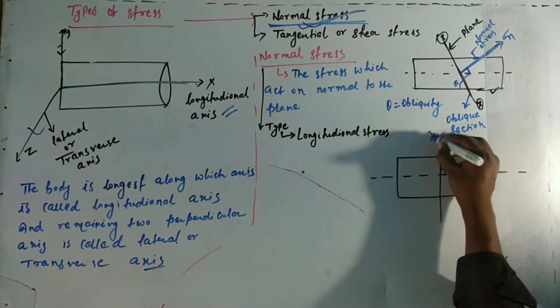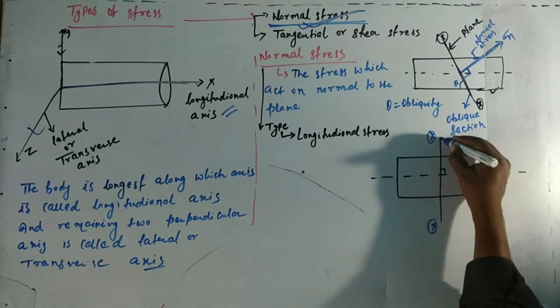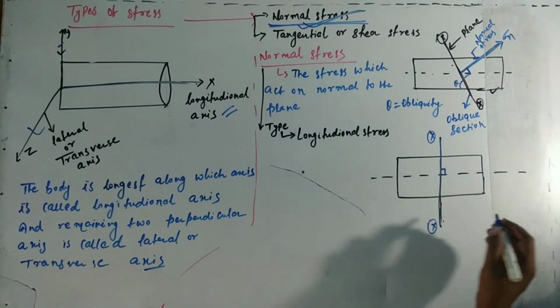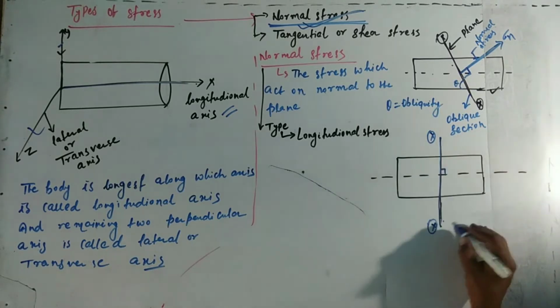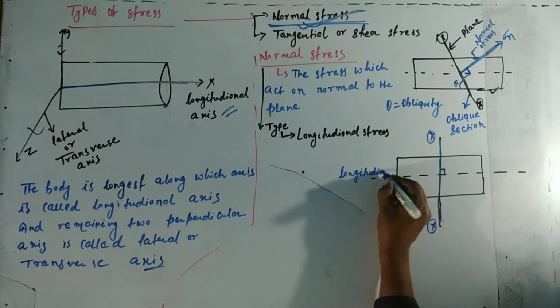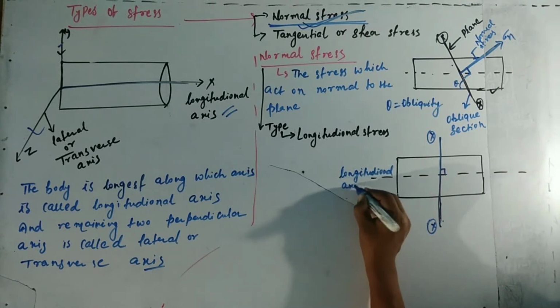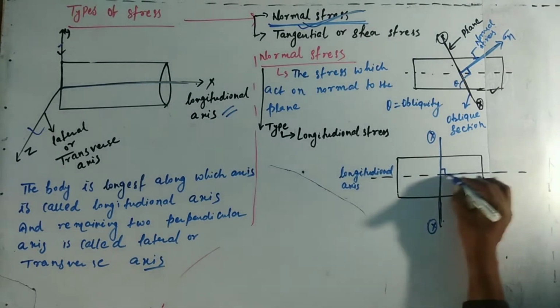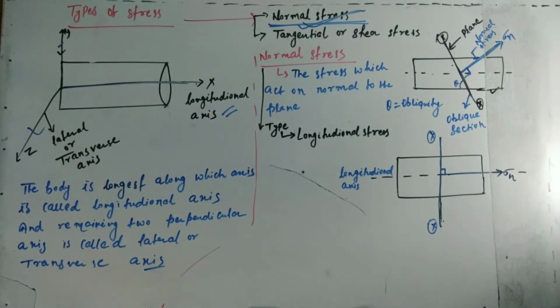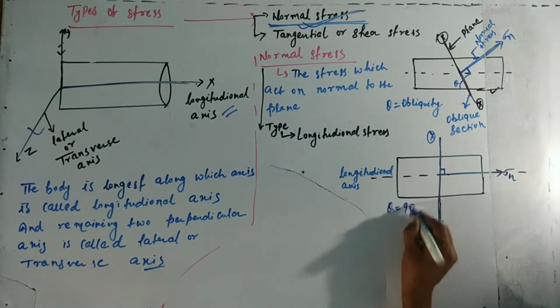Here the plane is perpendicular to the longitudinal axis. This one is the longitudinal axis and this one is the plane. Here normal stress is acting, which is perpendicular to the plane.